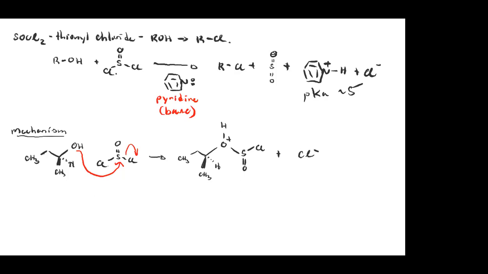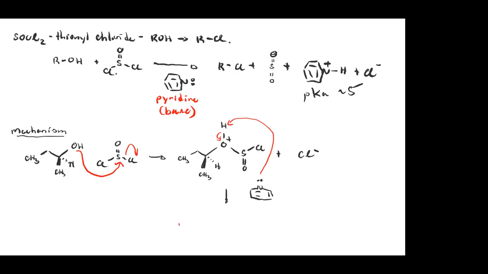Okay, I need to remove a proton from that alcohol now, and so what we're going to do is have pyridine come along and pick it up. So remember, pKa of hydronium is about -2. This one has effectively an electron withdrawing group on it in the sulfur oxygen, so it's probably much lower. pKa of the pyridinium is about 5, so that proton transfer is favorable.